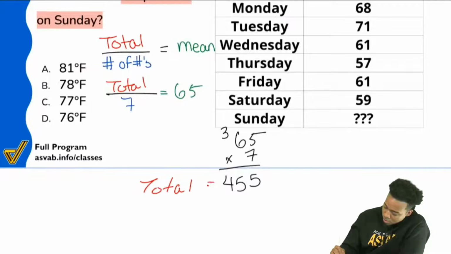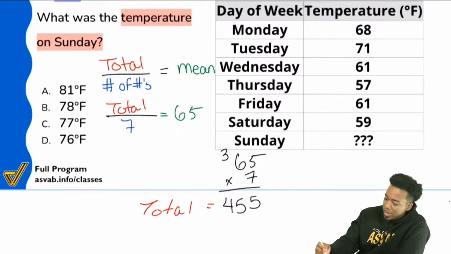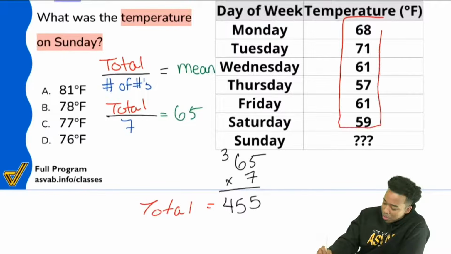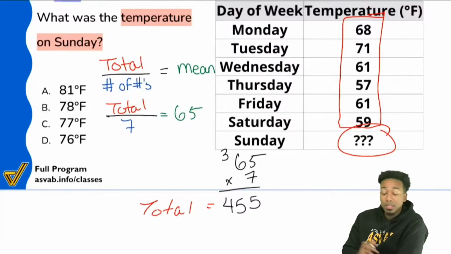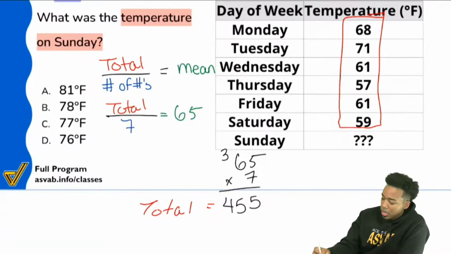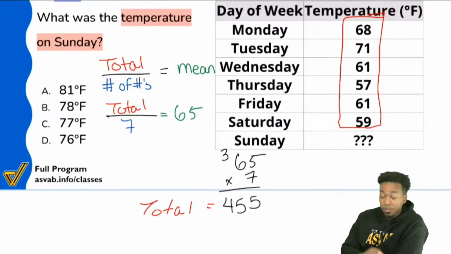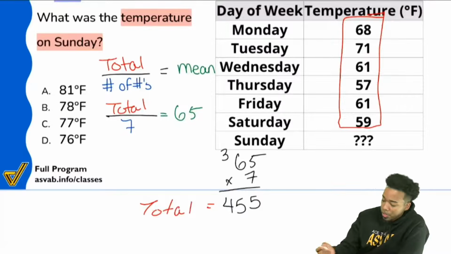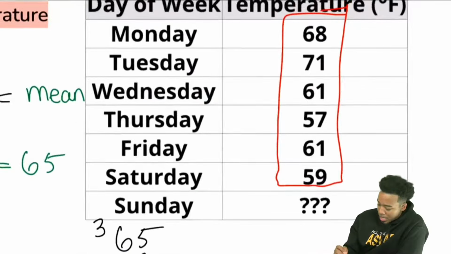Our total is supposed to equal 455, but we need to get rid of all of these numbers to find out what that missing number is. So first, let's see what these numbers add up to. Using a little bit of mental math, I'll just say 60 and 70, 130, 190, 240, 300, 350.